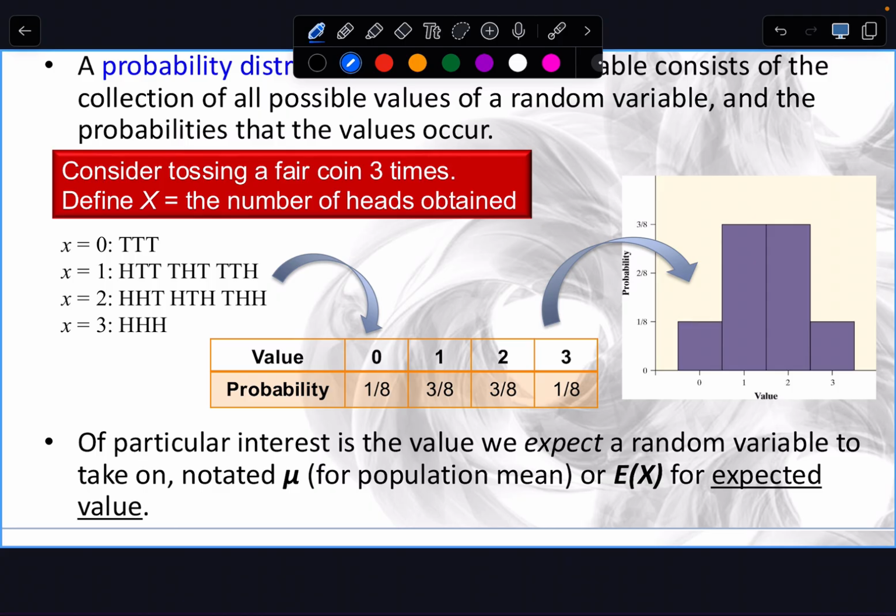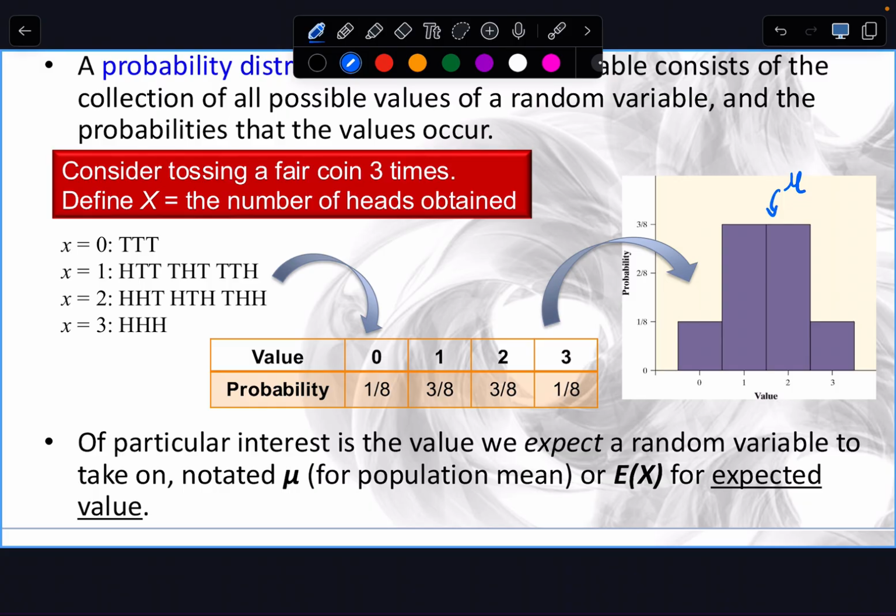I need a specific value. 1.5. So the exact middle of my graph, the mean of my distribution, would be 1.5, meaning if I were to do this over and over again, I flip 3 coins and record the results, over and over, on average, I should expect 1.5 heads to show up.